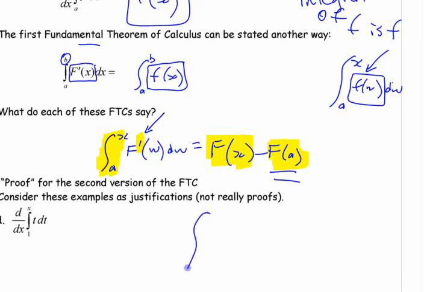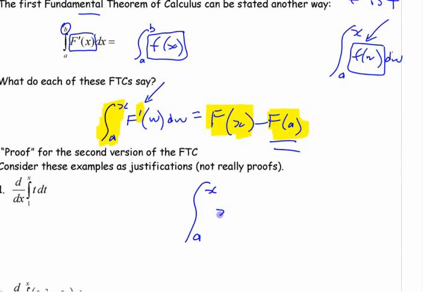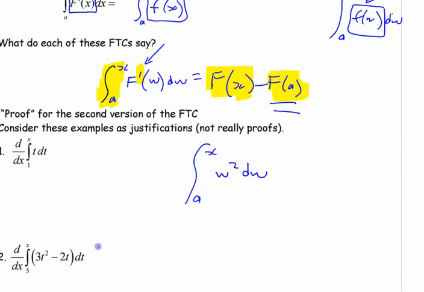If you say the integral from a to x, where a is a constant, of whatever function you want, x squared, except we have to do t squared here, or w squared, whatever, w squared dw, you need an antiderivative. You could have written this as one-third w cubed, the derivative of that.